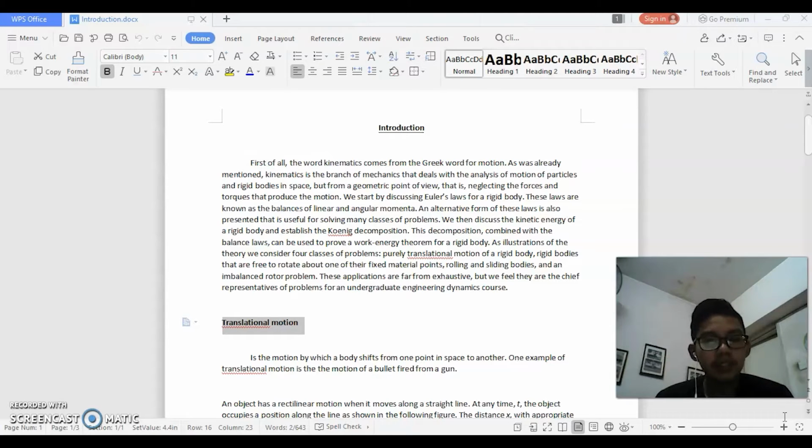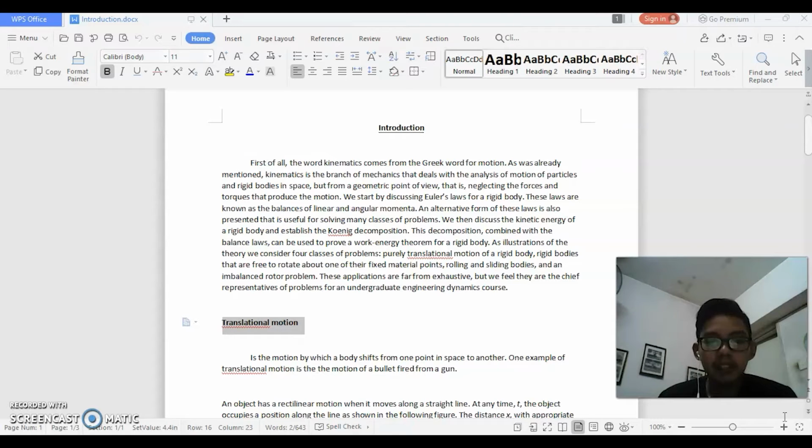Today I will be explaining to you about the introduction for our project. First of all, kinetics comes from the Greek word for motion. As was already mentioned, kinetics is the branch of mechanics that deals with the analysis of motion of particles and rigid bodies in space, but from a geometric point of view, that is neglecting the force and torque that produce the motion.